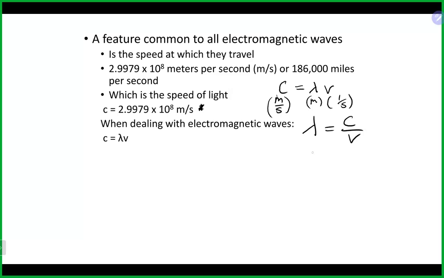If you want to know the frequency and you know the wavelength, the frequency will be the speed of light divided by the wavelength. So you can use this equation when you're dealing with electromagnetic radiation to figure out the wavelength or the frequency if you know the other. Again, c is a constant, and it's that 2.9979 number times 10 to the 8. So obviously you should know these here.